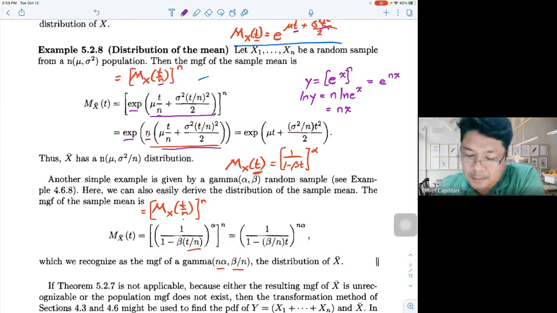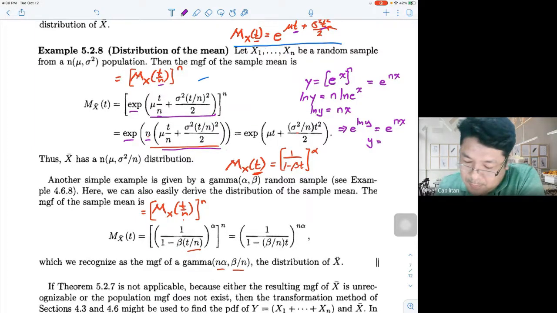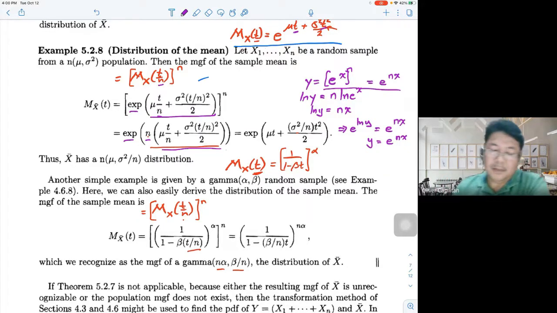So we have here ln of y. If we apply the exponential, this would imply e to the ln of y equals e to the nx. So we have y is equal to e to the nx. That's true. That's why now we have the exponential of nx.